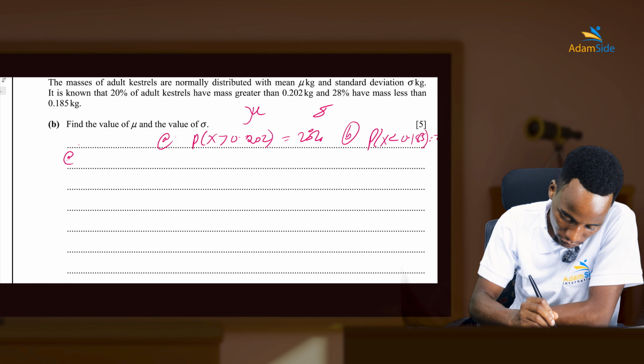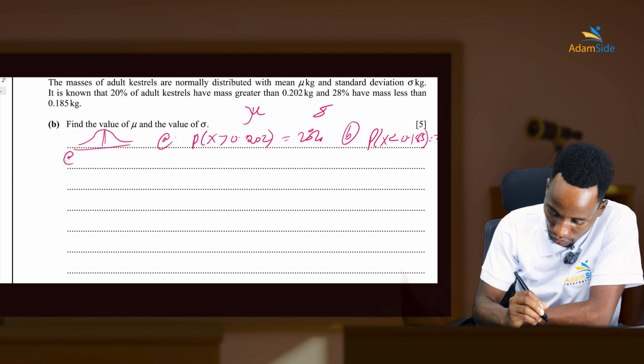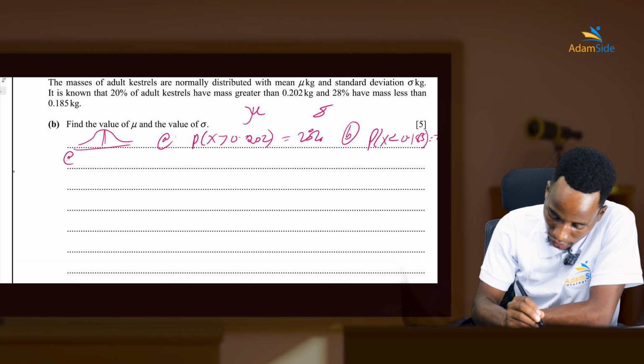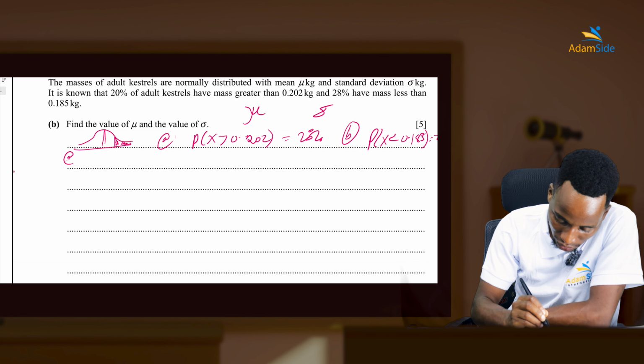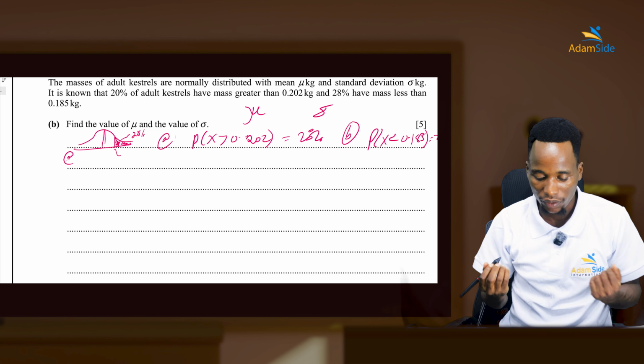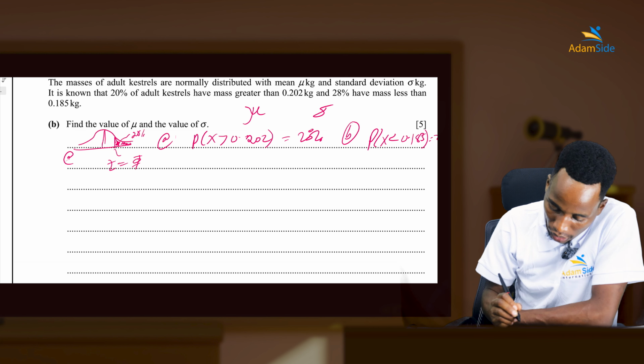So for A, first we can get the Z. If we draw, it's normally always you have to draw so that you understand whatever you're going to get. This is 20% and it's greater than, so we start shading the right side. 20% won't exceed the halfway, which is the mean, so it's in the positive side even if you standardize. So our Z is going to be the inverse of 20%.